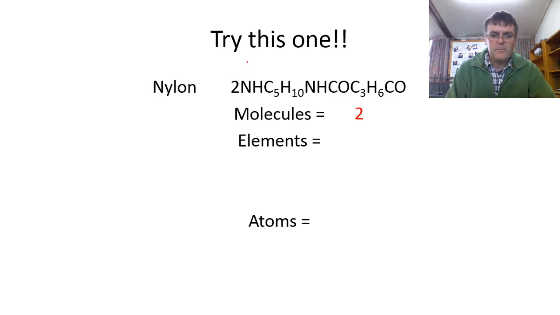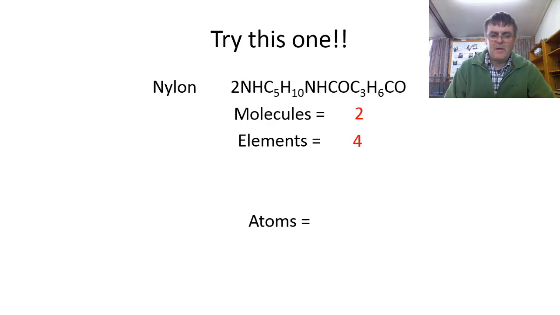I can see a nitrogen. There's a hydrogen. There's a carbon. We've had that one, it's hydrogen before. There's another nitrogen. Another hydrogen, another carbon, we've met those. Oh, there's a new one. Let's see, an oxygen. Anything new? No. So we've got 4 elements in there.